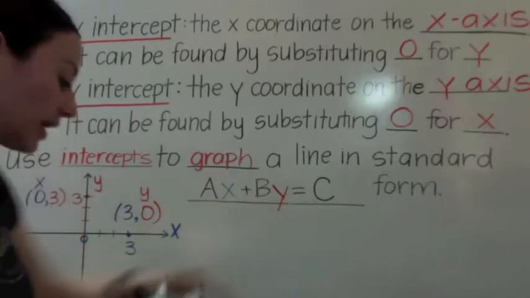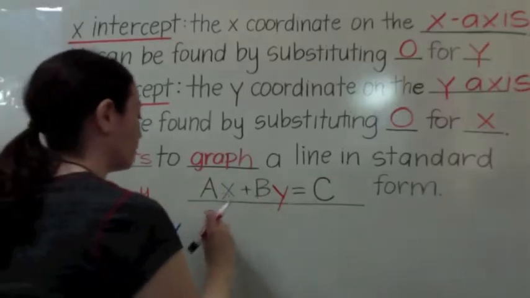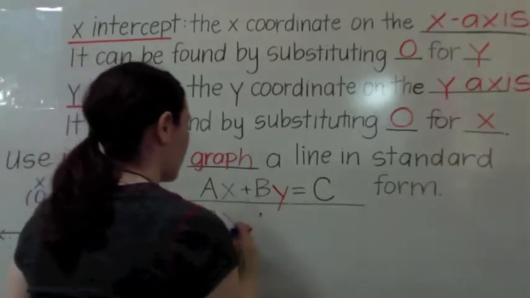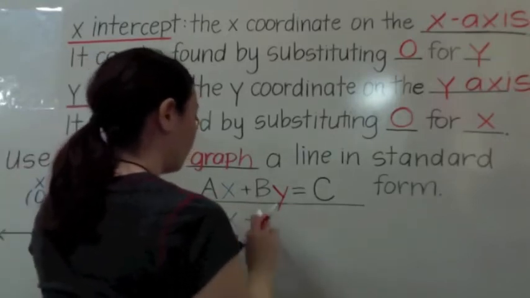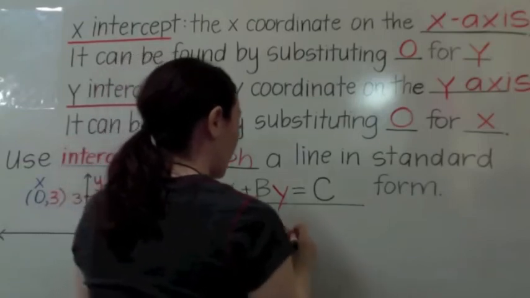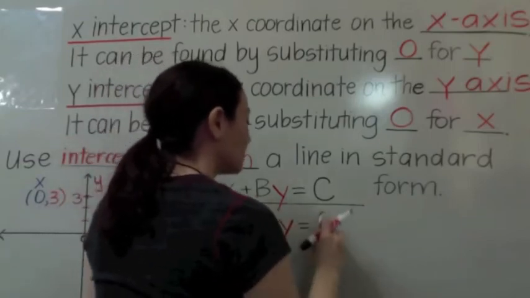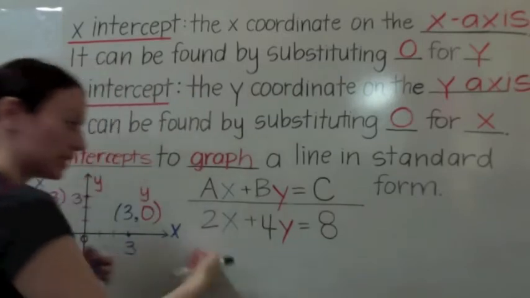When you see a line like this, for example, 2x plus, let's say 4y equals 8, this is standard form.